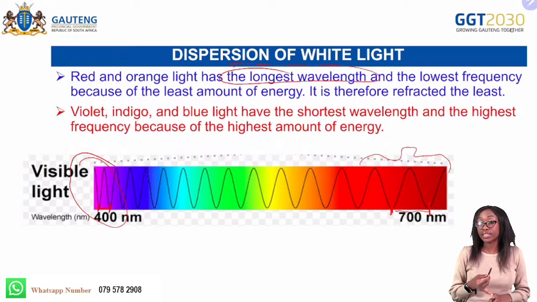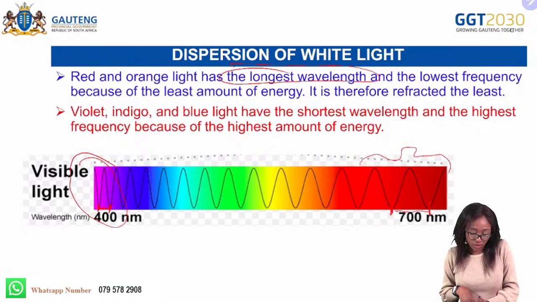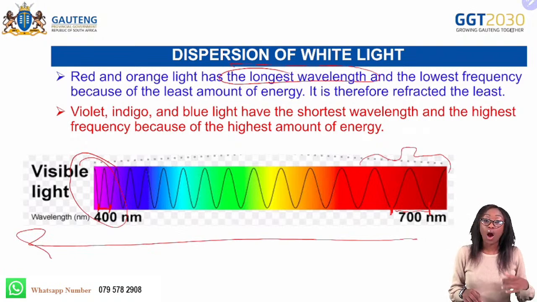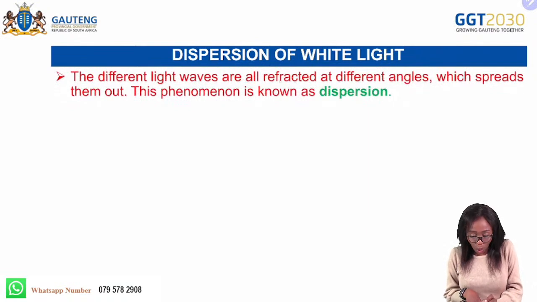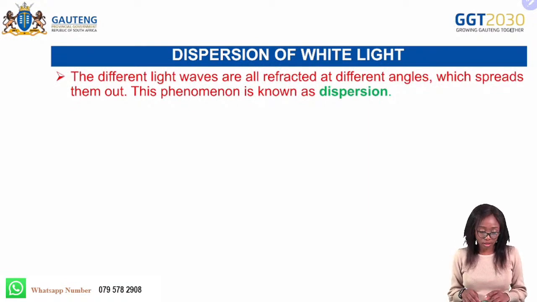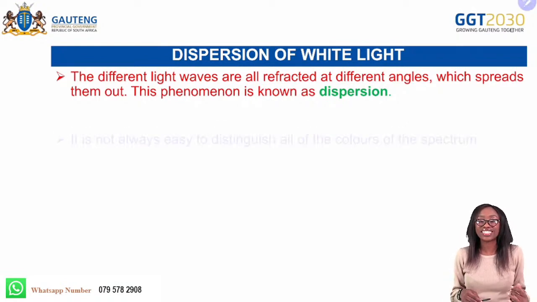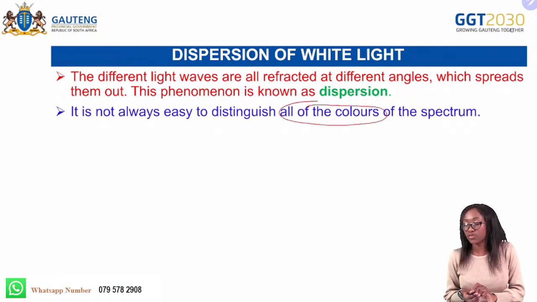So violet, indigo and blue light have the shortest wavelength and the highest frequency, and because of that the highest amount of energy. Remember we said as we are moving from this direction to there, our energy is increasing. The different light waves are all refracted at different angles, which spreads them out. This phenomenon is called dispersion.